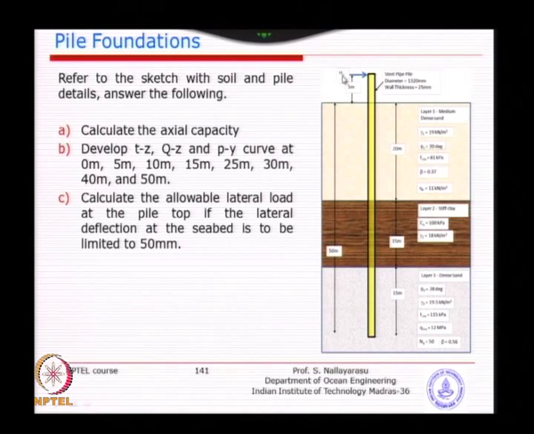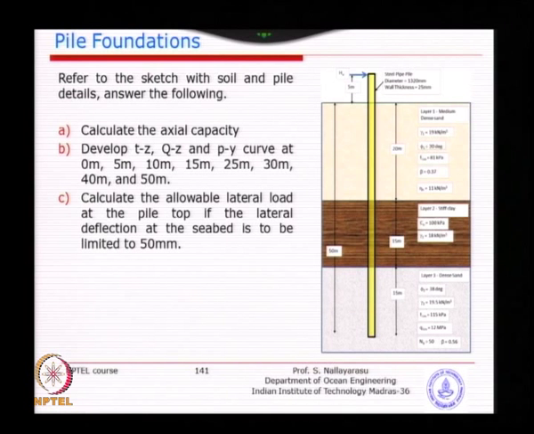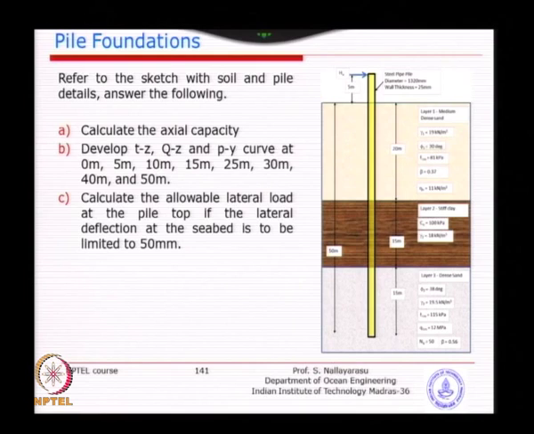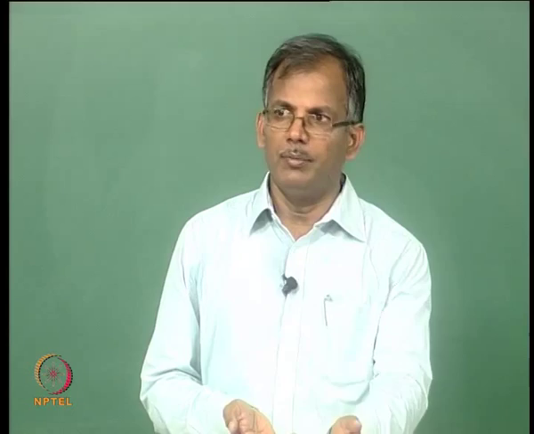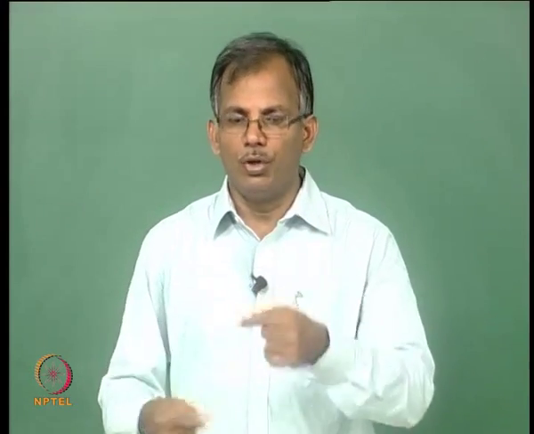I have a loading which I do not know how much will be applied, but I know the limitation is that the pile at the seabed should not deflect more than 50 millimeter, which will be the most practical condition, and calculate the load which will be suitable for such displacement, and that is what we will compute, even if you use a computer program, ultimately we will be doing this. We will be reducing the load if the displacement goes higher than 50 mm.